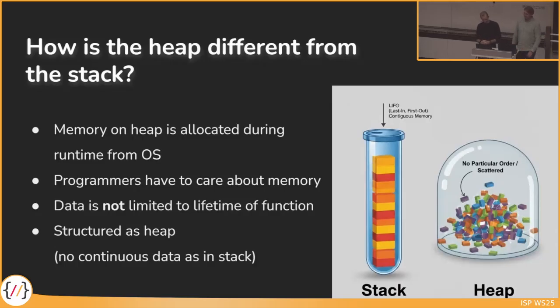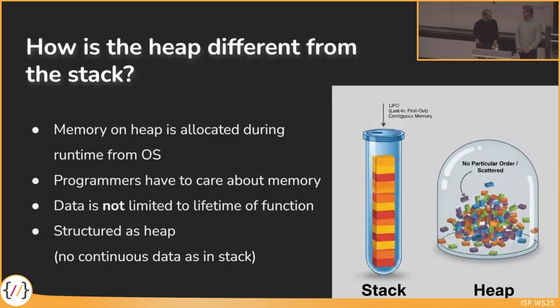The cool thing is the data of the heap is not limited to the lifetime of functions, which means if a function ends, all the variables on the stack are removed, but all the variables on the heap are not removed. And this solves our problem from before, where we had an array inside a function. We just have to use the heap for that.